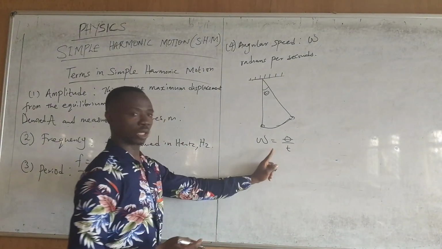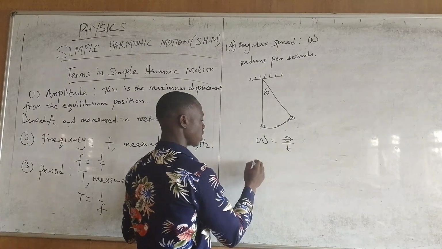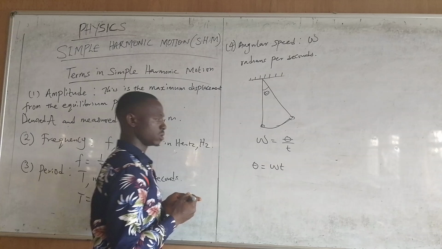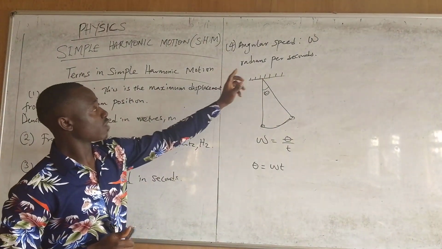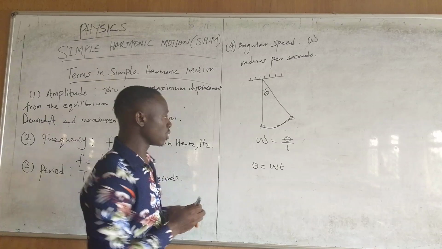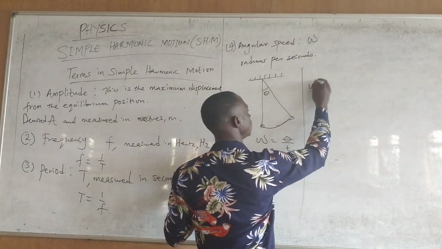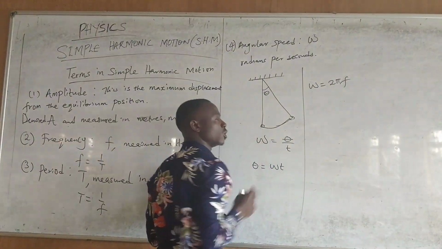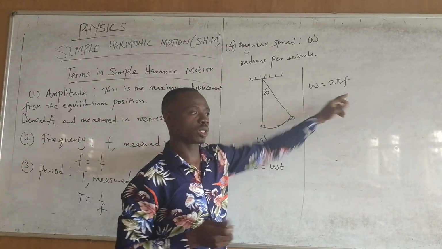Please take note of this equation. We are going to be making use of these equations very soon. So if I make theta the subject of the formula, theta is now going to be equal to omega t. Jot this equation somewhere, so please don't forget. We still have some other formulas for angular speed. There's another formula that says omega is equal to 2 pi f, where f is the frequency.